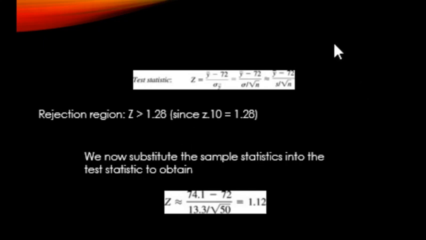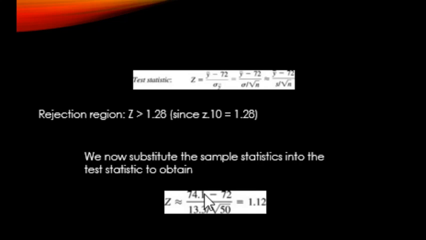Basically, if you find the z value corresponding to a probability of 0.10 on the right hand side or 0.90 on the left hand side, we can use that as the rejection region. But we will rather use the p-value method, because in that case, we don't have to specify this rejection region separately. So we go ahead and calculate the test statistic using the sample information.